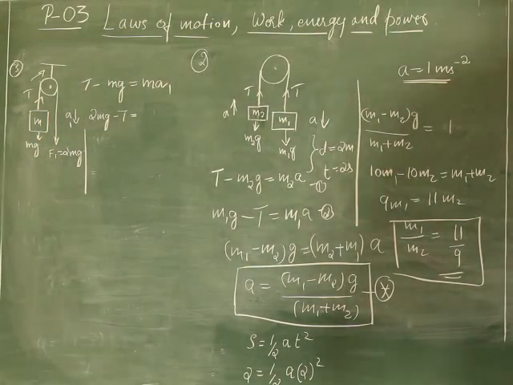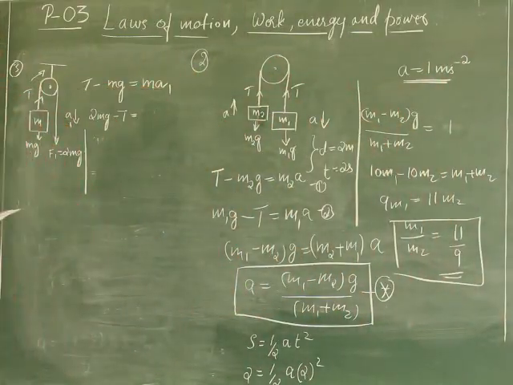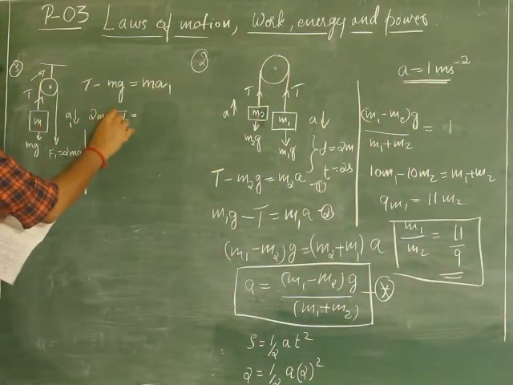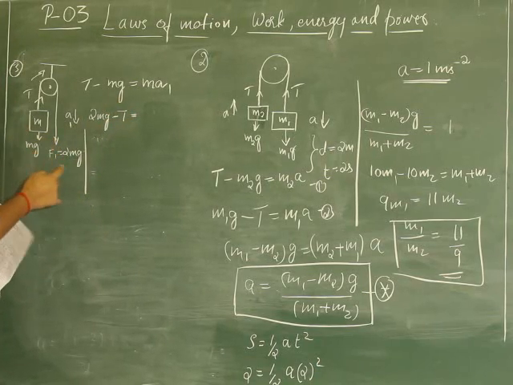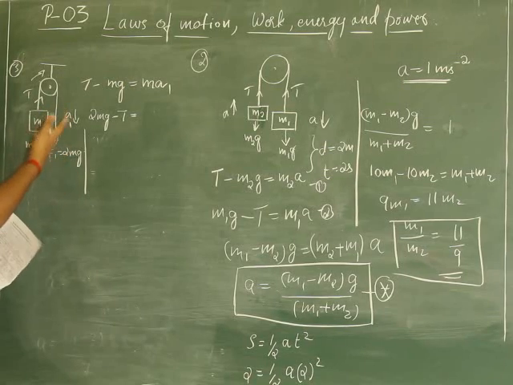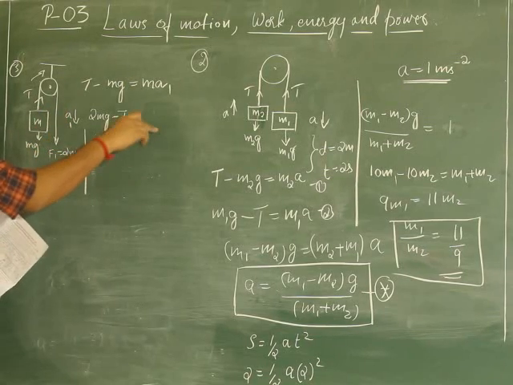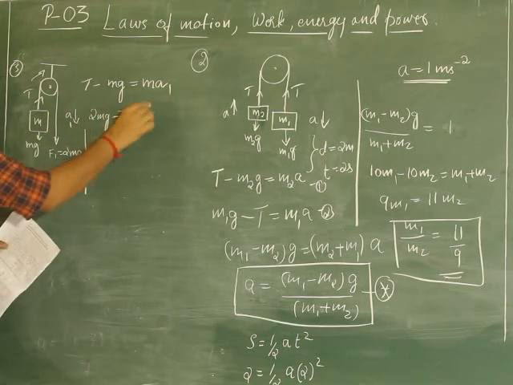So when we apply it for the first diagram, we get 2mg minus T equal to... you can see there is no mass attached here, just a force pulling it downward. So the mass is nil, that means 0, and only the force is applied in this downward direction.